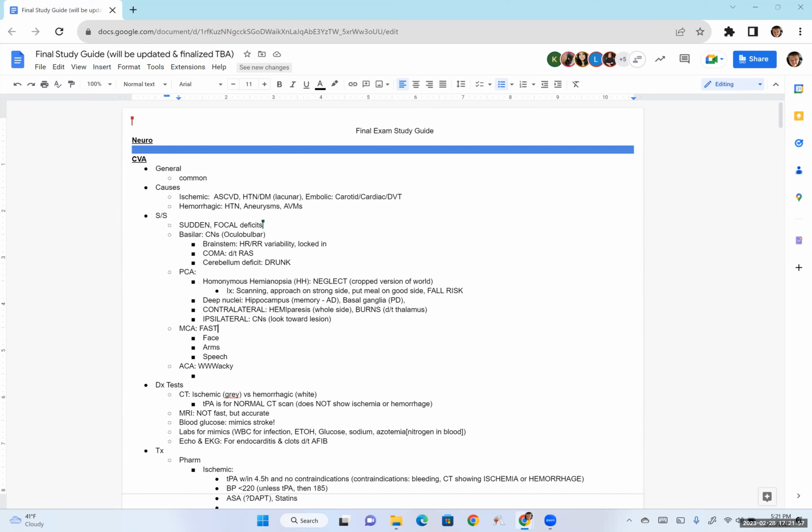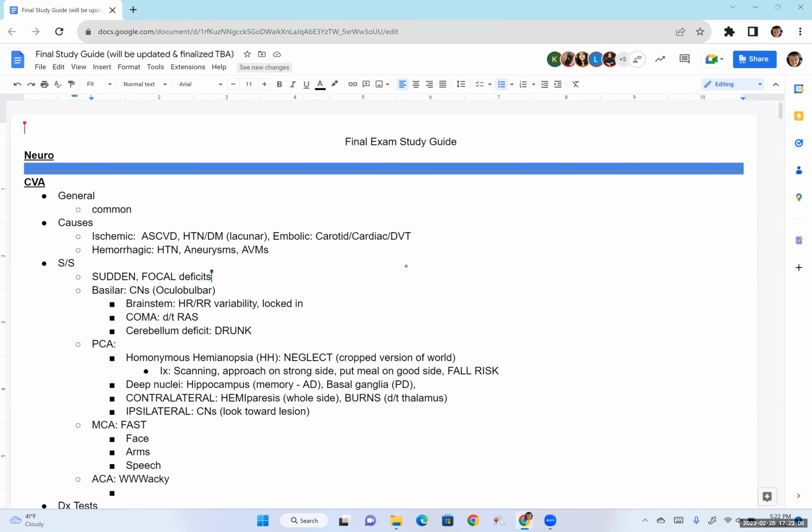So staying on the topic of neuro, for the PCA with the occipital lobe damage, for the neglect, the total vision loss in one eye versus the hemianopsia, is it either or? Is it both? So yes, it has that because it's affecting the occipital lobe at that point.